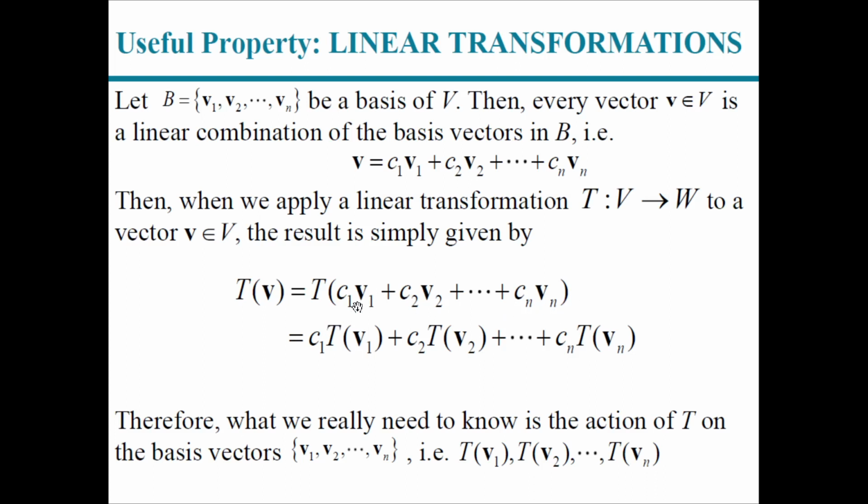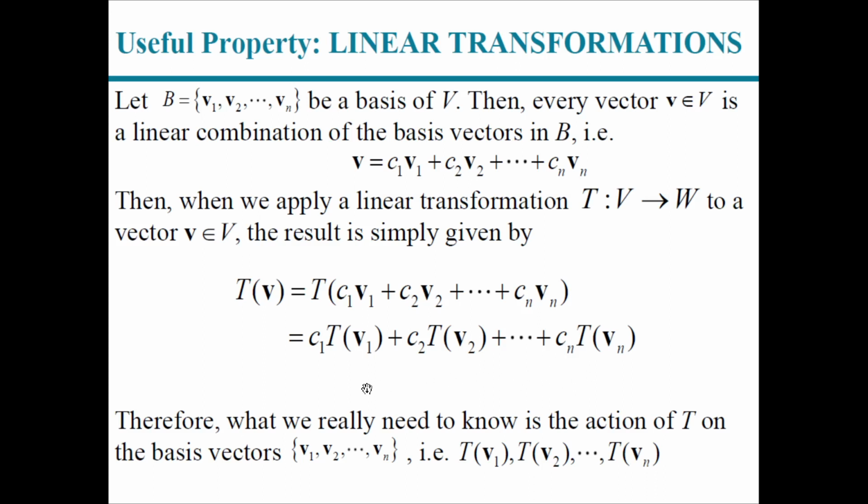So by linearity, we can break it into this. So the constants go out and all these plus signs are distributed. So you have this linear combination here. So you realize that the image of V, when you decompose V as a linear combination of basis vectors, is actually a linear combination of images of basis vectors. So that's something that we are going to use a lot.